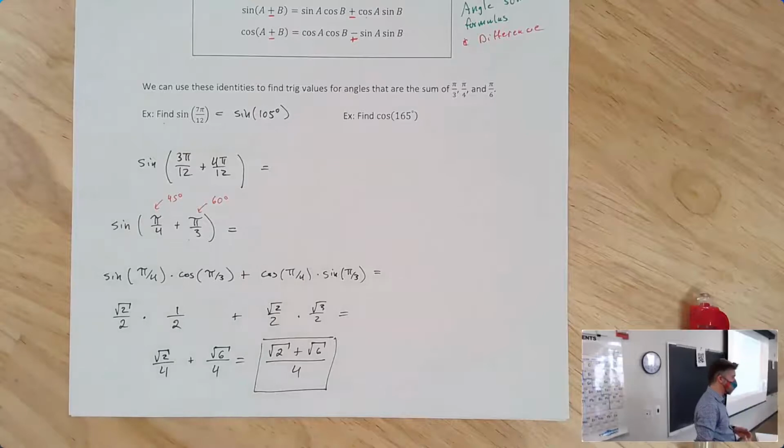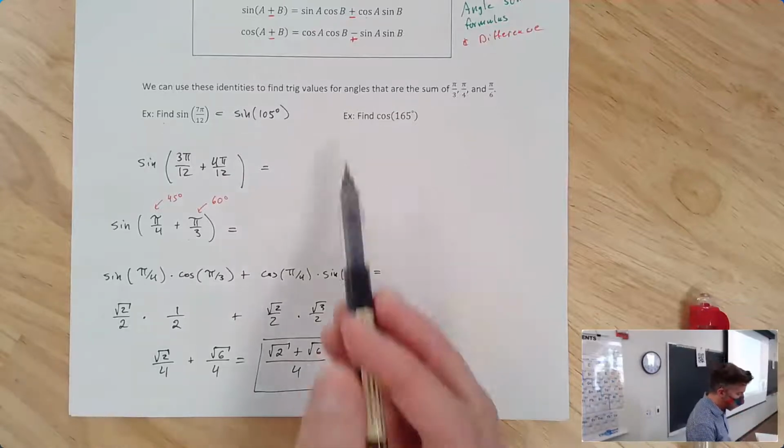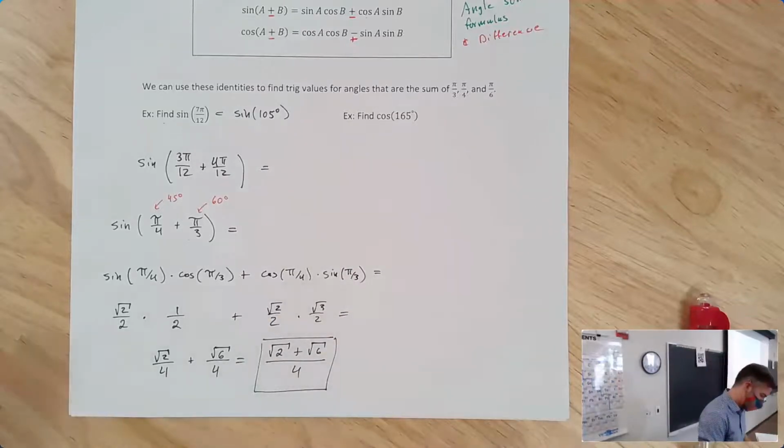And for these angle sum formulas where it's something like 30 degrees plus 45 degrees, or 60 degrees plus 45 degrees, your answers are always going to look like this, meaning it's always going to be something positive or negative root 2 plus or minus root 6, all divided by 4. Every time. Let's look at the second example.